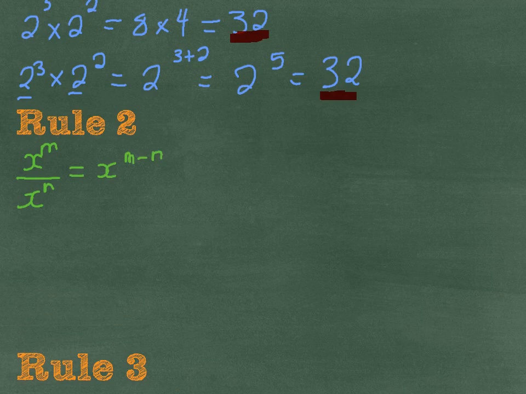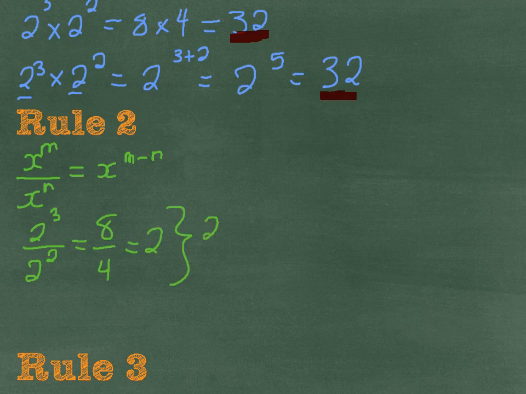Say I have something like 2 to the power of 3 over 2 to the power of 2. Well, again, we know that that's 8 over 4, which is just 2, right? But how about we actually use our exponent rule?